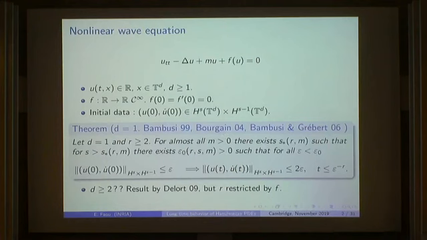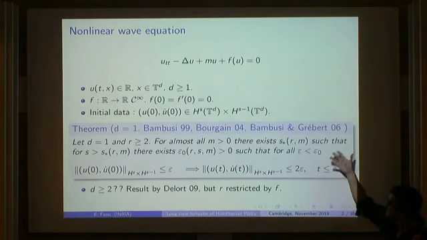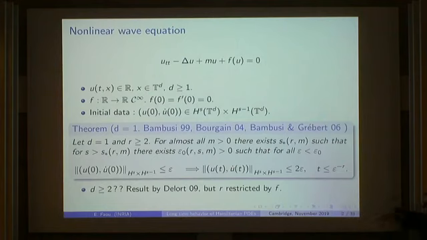So it was first proved rigorously by Dario, but for periodic boundary conditions. And then for Dirichlet boundary conditions, and then for periodic, because you have a multiplicity problem, it was proved in a general framework by Bambusi and Grébert. In dimension 2, it was an open question.